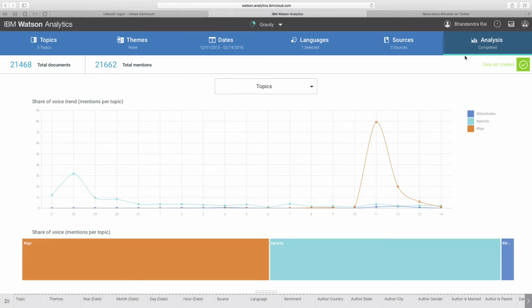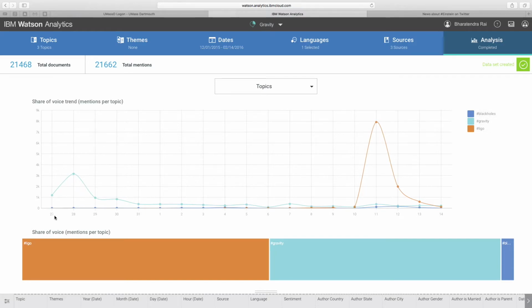Once the data is pulled and analysis is completed, we are able to see that there are a total of 21,468 documents and 21,662 total mentions per topic. This graph shows a line chart for hashtag black holes, hashtag gravity, hashtag LIGO.